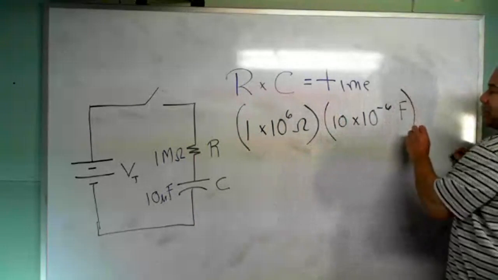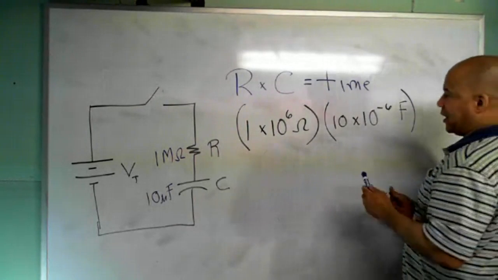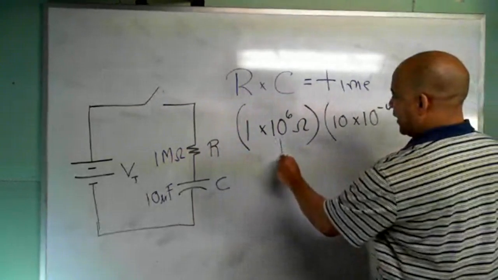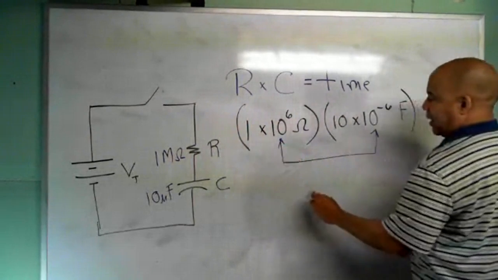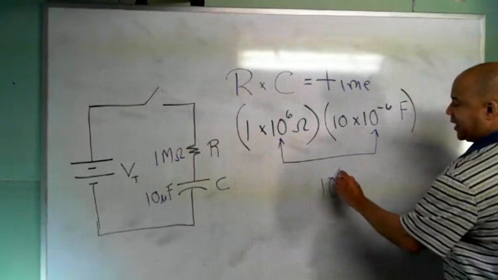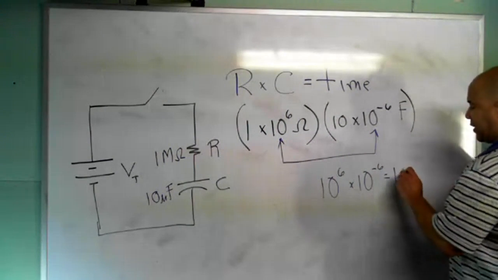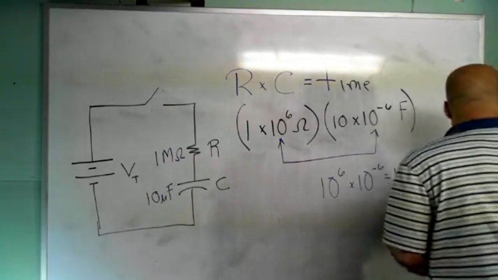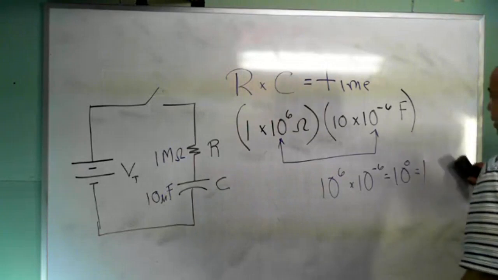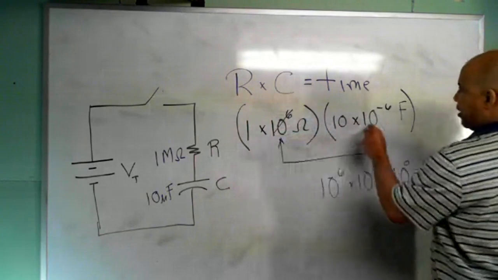I'm only writing it out this way so you can see what happens. We can clearly see right here, I get 10 to the 6 times 10 to the minus 6. That's 10 to the 0, which is 1. So basically, when I multiply this times that, I can just cancel those out. They're gone.